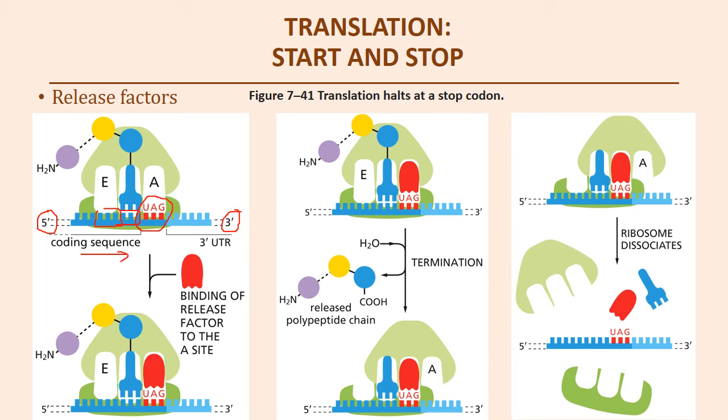So instead, what you're going to see on your illustration is that entering into the A site will not be another charged tRNA, but instead it will go ahead and recruit over a release factor. The release factor will form almost like a blockade within the A site. And when this is detected, it will go ahead and cause the immediate termination of translation.